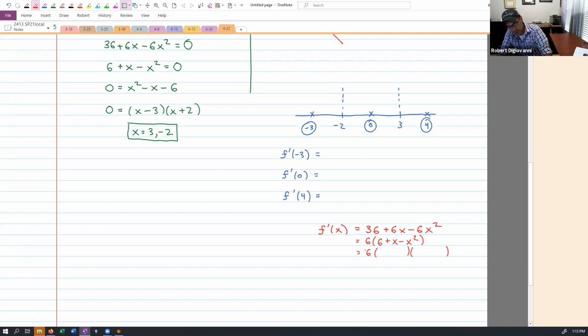That's going to be a little hard. Let's pull a negative 6 out instead. That'll give me negative 6 times negative 1, negative 6 minus x plus x squared. I pulled a negative 6 out because I really want a positive in front of the x squared. I'm going to switch the order around.